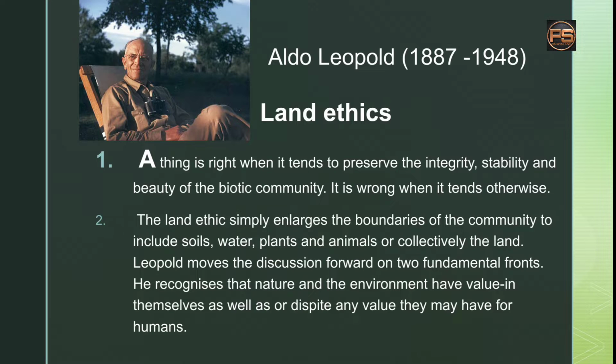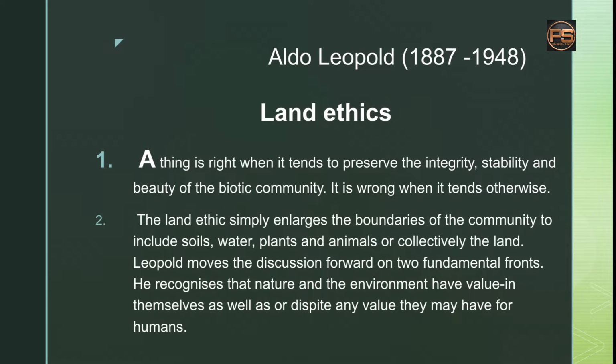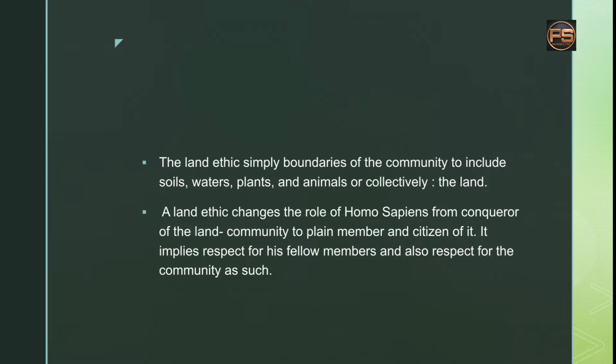And the next is, the land ethic simply enlarges the boundaries of the community to include soils, water, plants, and animals, or collectively the land. Leopold moves the discussion forward on two fundamental fronts. He recognizes that nature and the environment have value in themselves, as well as or despite any value they may have for humans.